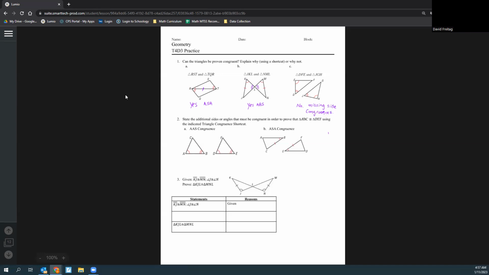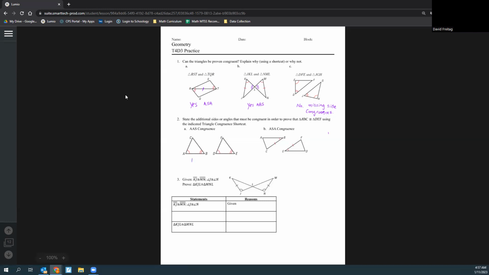Number 2, state the additional sides or angles that must be congruent in order to prove them to be the same. If I wanted to use AAS, I need a side outside of the triangle.